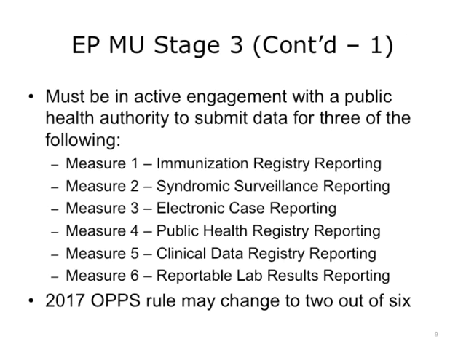Similarly, Meaningful Use Stage 3 requires eligible providers to attest to 3 out of 6 public health measures. However, the 2017 OPPS rule may change it to 2 out of 6.